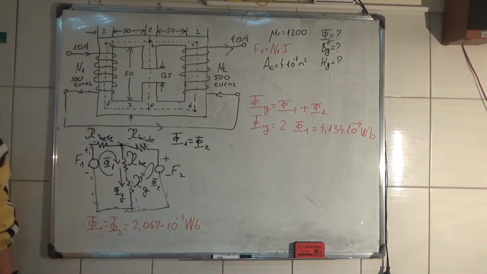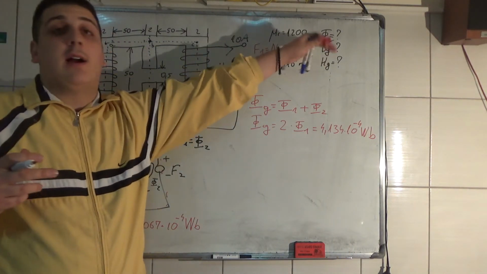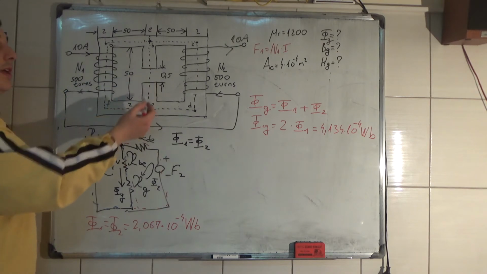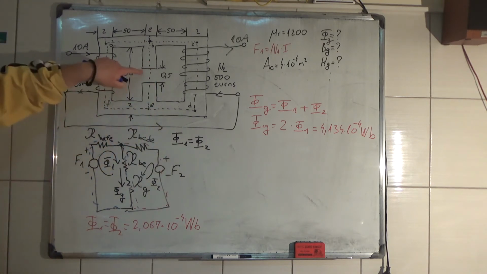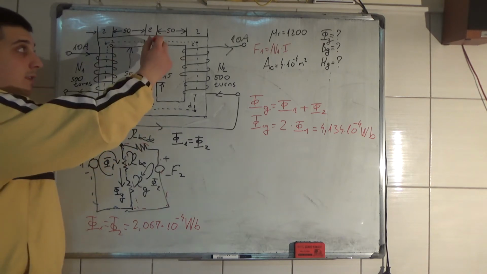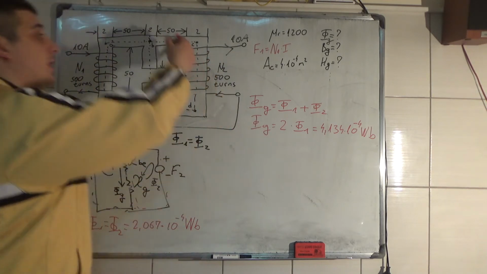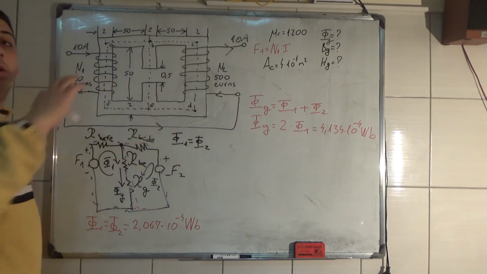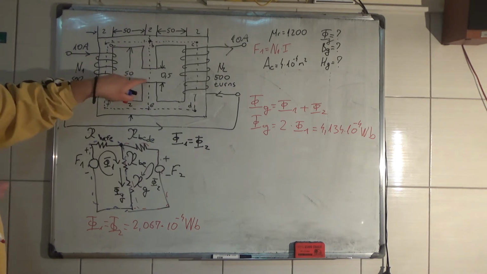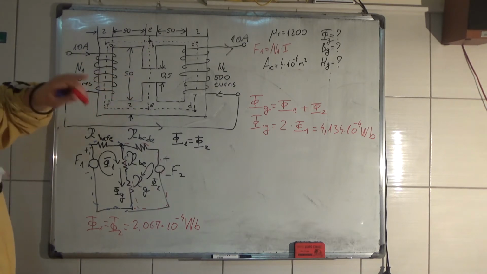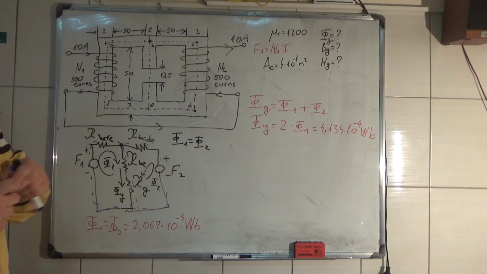Now we got the magnetic flux here in the air gap, because this flux G is going from here to here, the same amount here and here, if you neglect fringing and leakages.